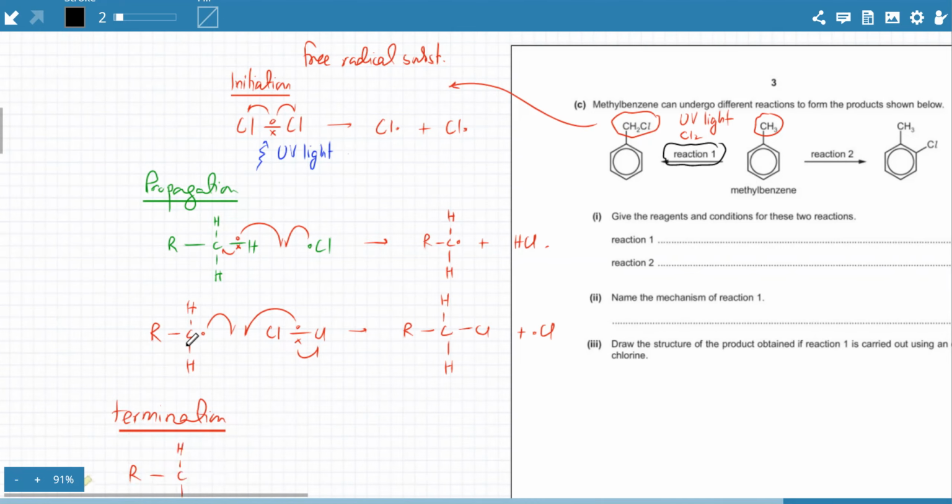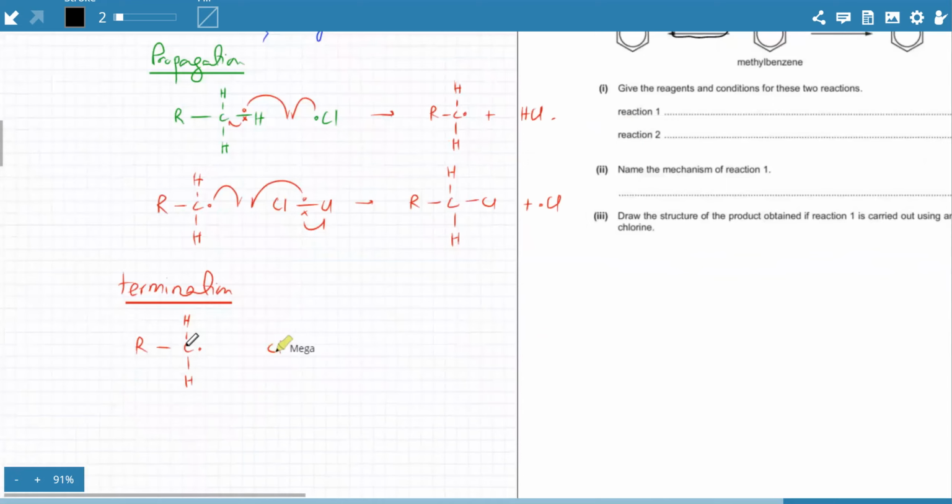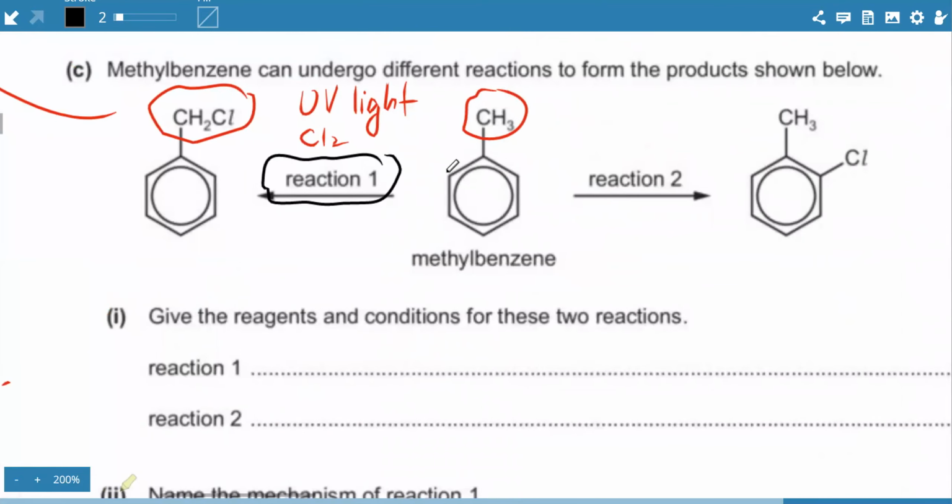If you have a carbon chain radical and a Cl radical, whose bonds are incomplete, they simply join up, and the end result is a Cl on the carbon chain. So that was free radical substitution: to substitute hydrogens on a carbon chain with Cl, you use UV light and Cl2. That was reaction one, its reagents and conditions.